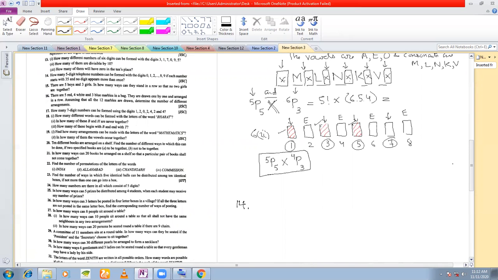So what are the digits given? The given digits are 0, 1, 2, 3, 4, 5, 6, 7, 8, 9. The question is how many 5-digit telephone numbers can be formed?